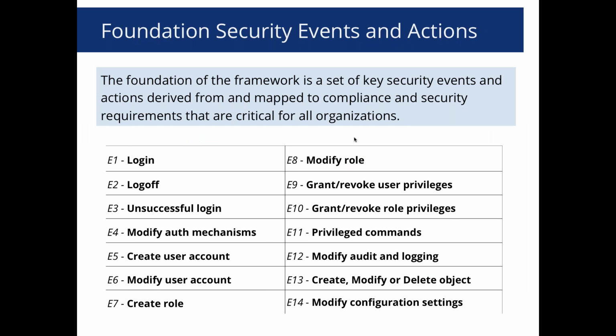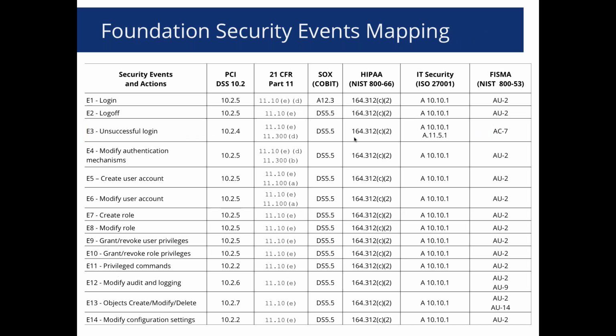So in our framework methodology, we have some generic events, but when it comes down to it, we've backed into PCI because it really is the most prescriptive. And then when you're sitting down with auditors, either internal or external, you can have this conversation: of the data that's in PeopleSoft, how are you meeting ISO 27000 or SOX or PCI?